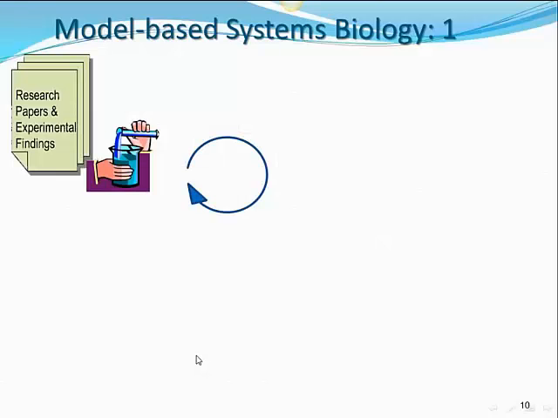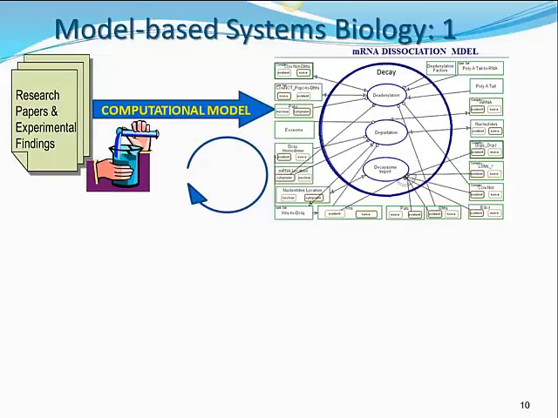So what do we do in model-based systems biology? There are lots of research papers and experimental findings that are written there. This goes into a computational model, usually in systems biology.